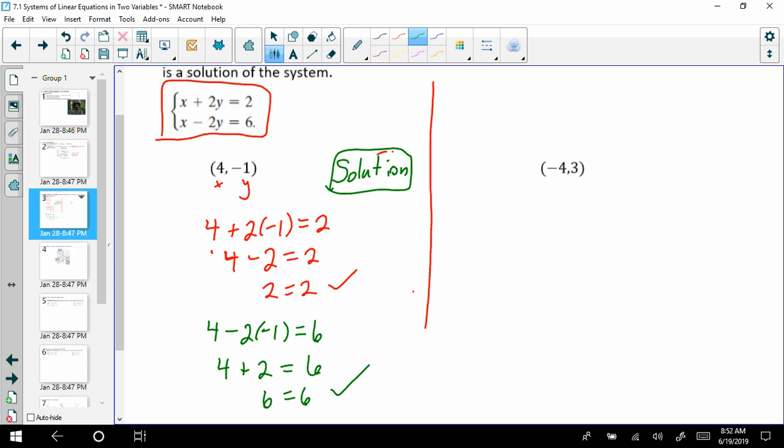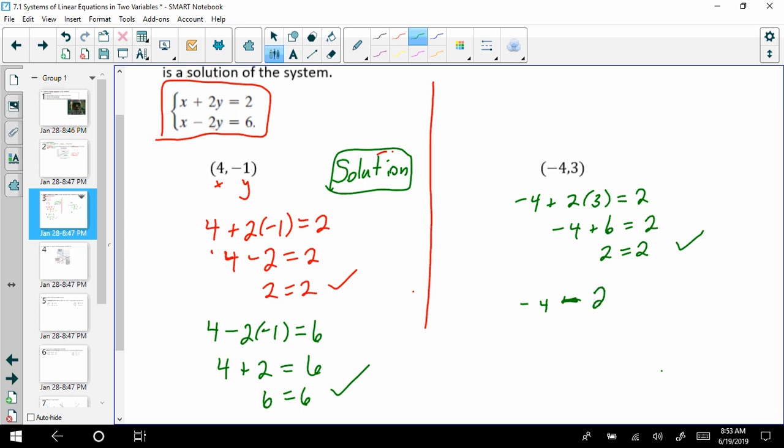Okay, let's try the next one. This time my ordered pair is -4, 3, so if I substitute into the top equation, that would be -4 plus 6. Check, it works out.